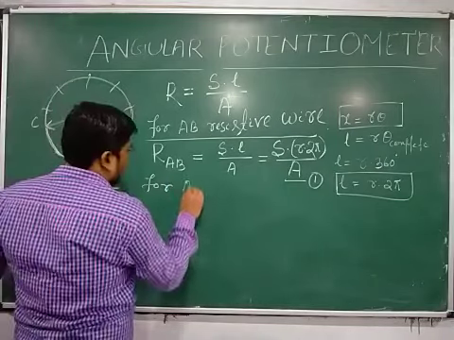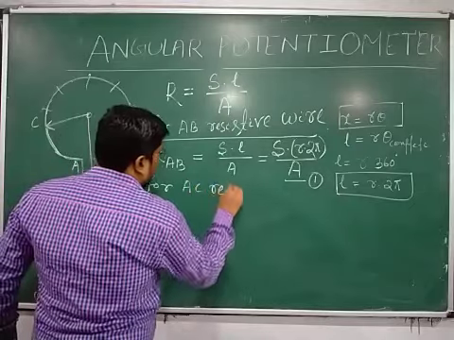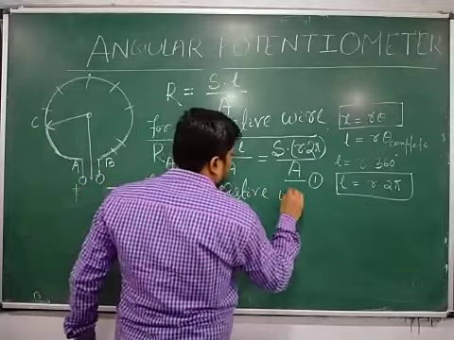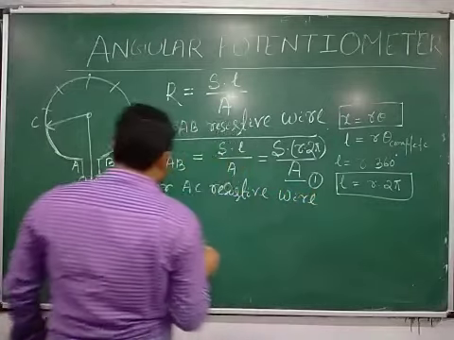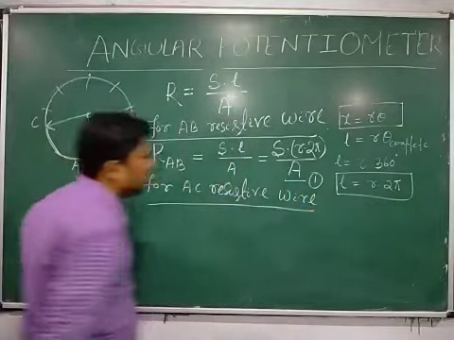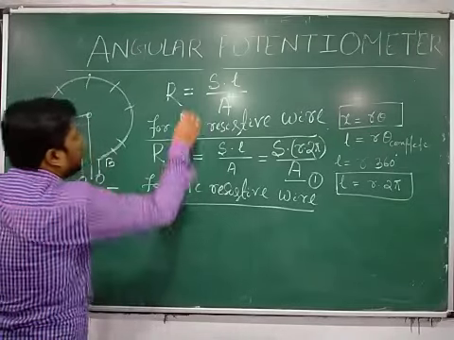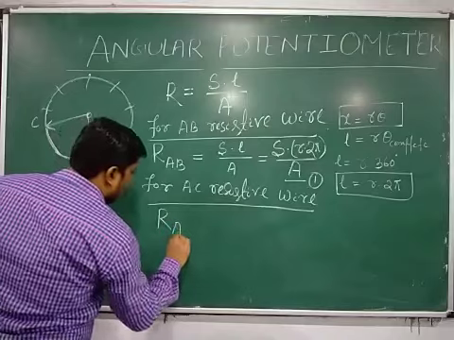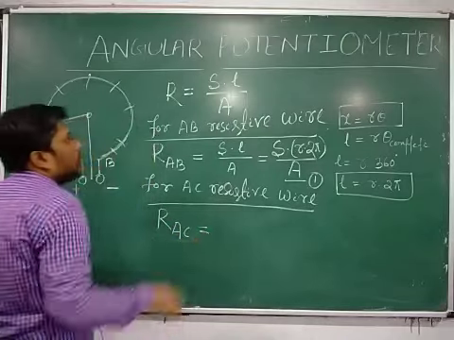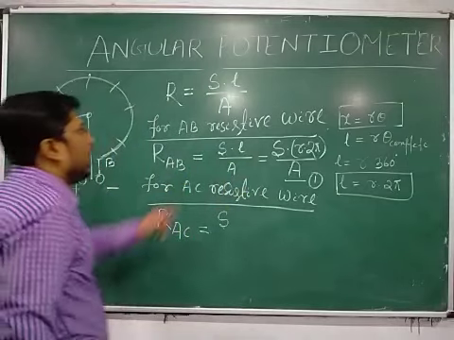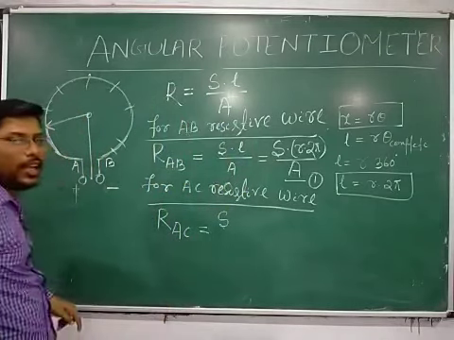So for the AC resistive wire, in place of R, I have to write RAC, which will be equal to S. There is no change in S. And what is L?